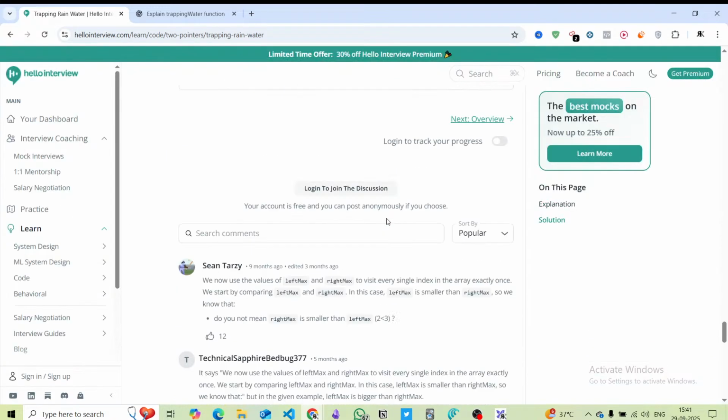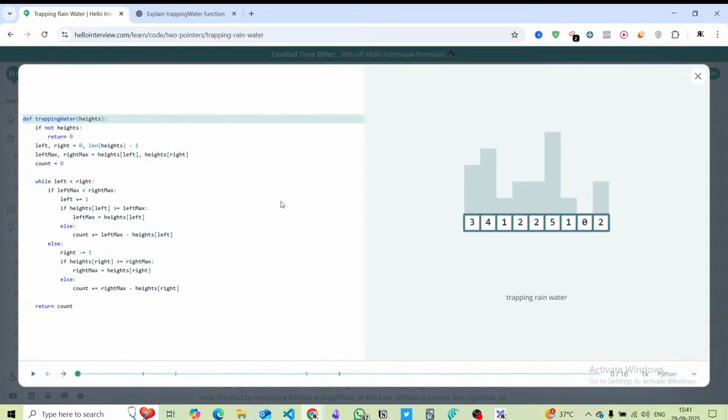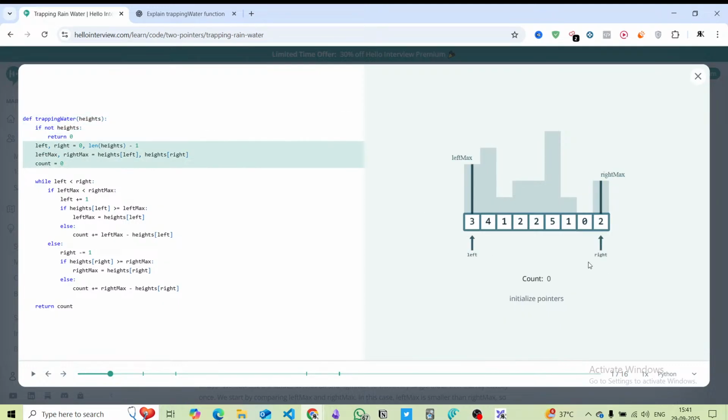Now I think we have some clue on how to solve this one, right? So this is the given thing. First thing is setting up all the variables: left, right, left max and right max, and then count. Then we first check whether the left max is less than right max.